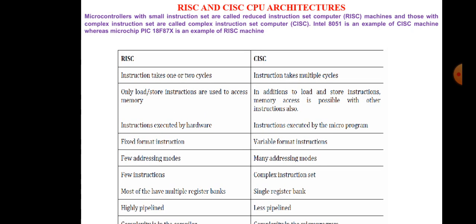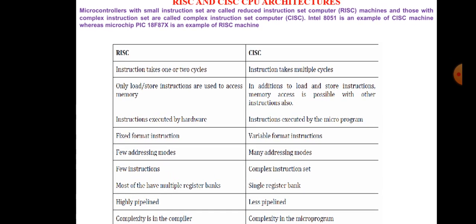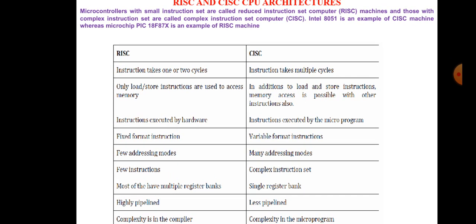In case of your RISC, if you want to perform any operation with respect to the memory, it is done only with the help of load and store instructions. Whereas in case of your CISC, there are many instructions in addition to load and store by which the memory can be accessed.